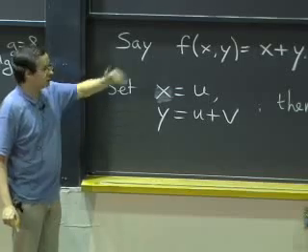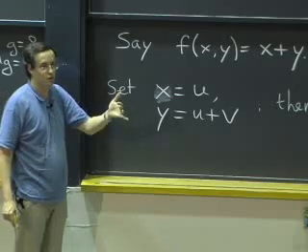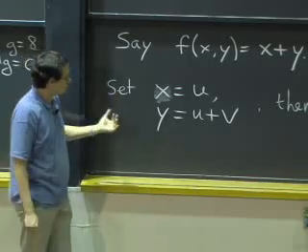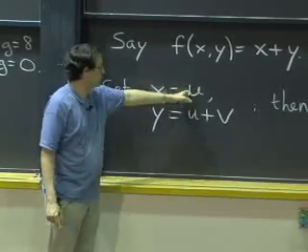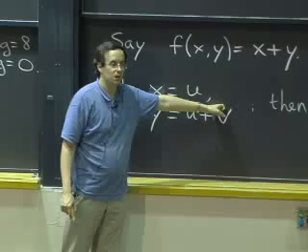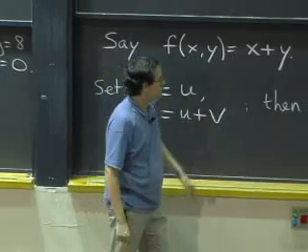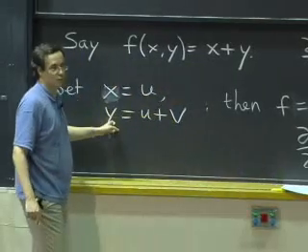So varying u or varying x is the same thing, but keeping v constant or keeping y constant are not the same thing. If I keep y constant, then when I change x, so when I change u, then v will also have to change so that their sum stays the same. Or if you prefer the other way around, if I keep v constant and I change u, then y will change.